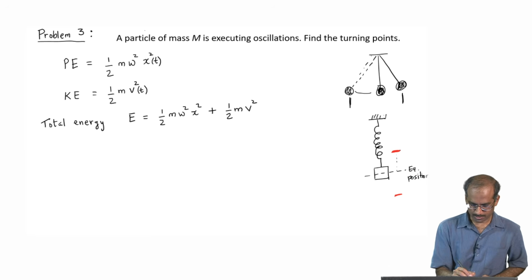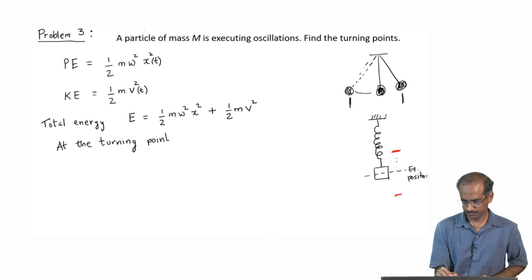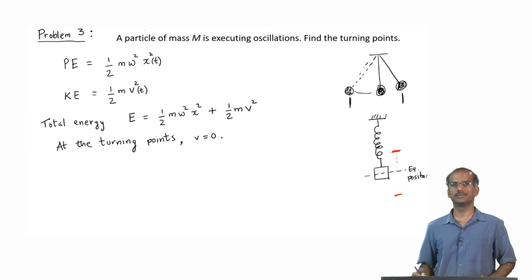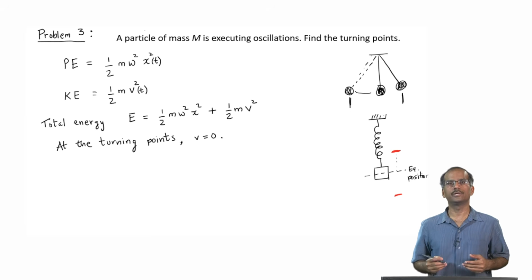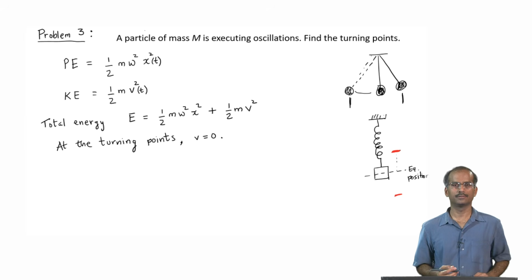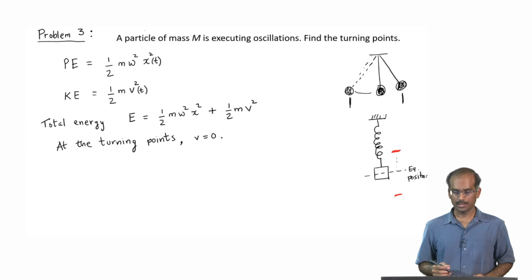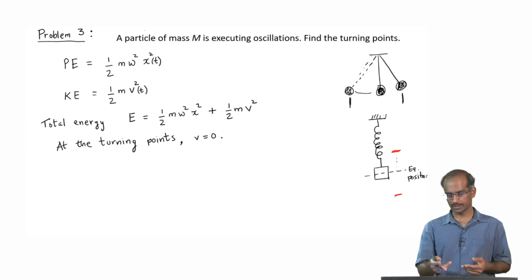So, it is reasonable and correct to say that at the turning points velocity is 0. So, all I need to do then is simply plug in that velocity is 0 and find the value of position x.